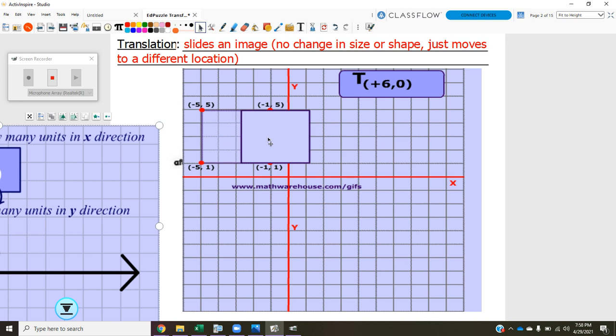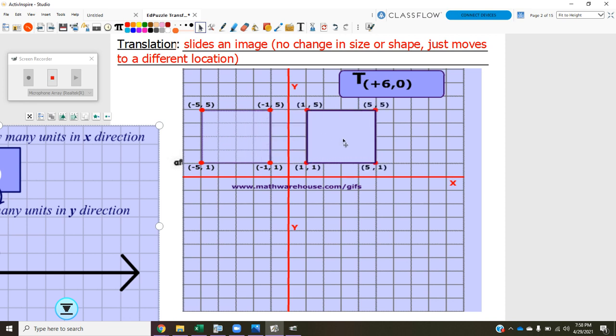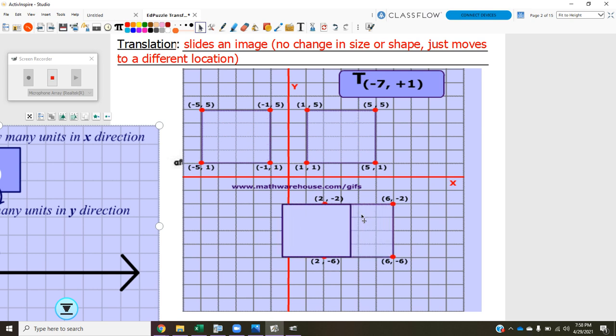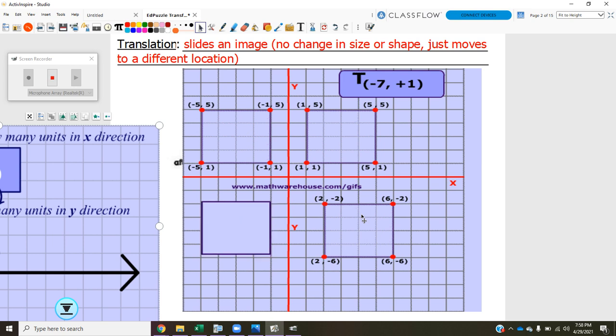We have a rectangle that's sliding across, and down. And then back to the left and up. So the rectangle just was sliding around the screen.